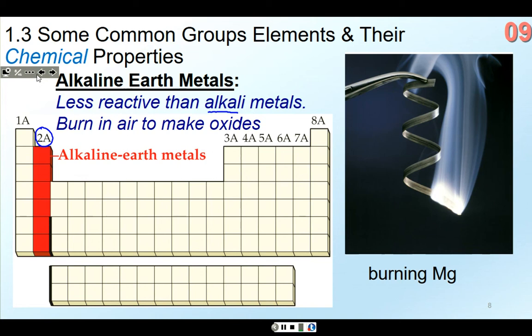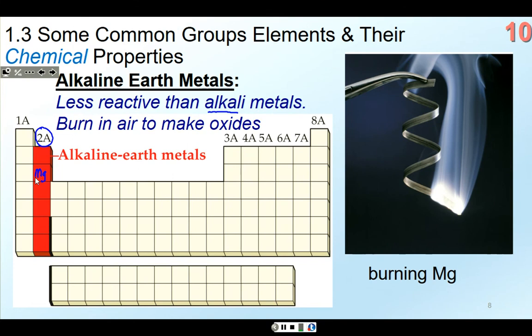But they do burn in air to make oxides, and the picture shown here represents a strip of magnesium, which burns very, very brightly when you ignite it. So those are elements in group 2A. Magnesium is the second space down in group 2A. So alkali metals and alkaline earth metals are two groups to know.